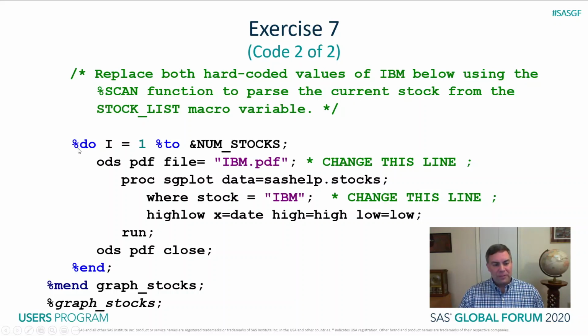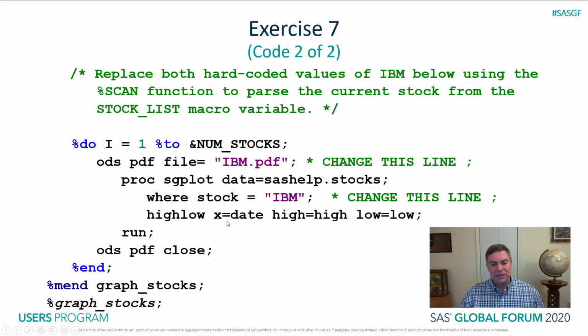I have a do loop here, %do, and inside my do loop, you'll notice I have a proc sgplot. We're not going to spend time talking about how sgplot works, but that's what creates the plot. And it's wrapped in ODS PDF file and ODS PDF close. That opens and closes a PDF file. So we're going to create a separate PDF file for each value of stock.